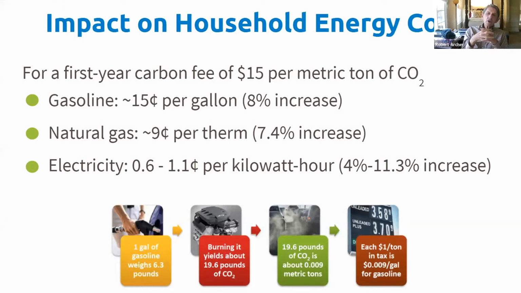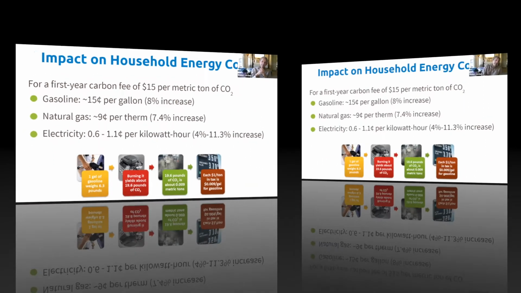So what share of the increase in overall household costs do you think will come from products, stuff, rather than fuels? 25% due to products and stuff, 50% or 75%?